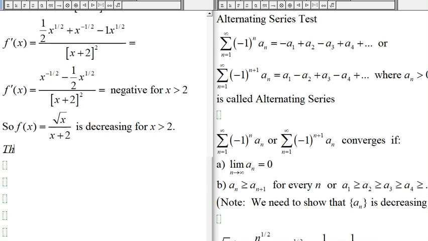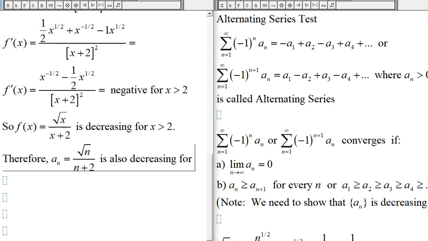And so the corresponding sequence is also decreasing for n greater than 2.